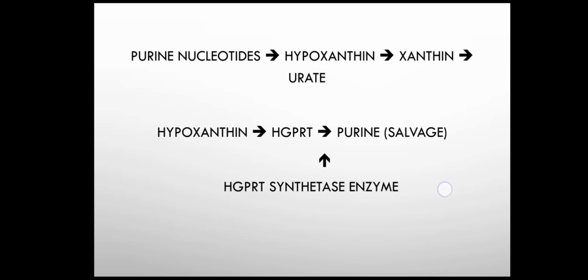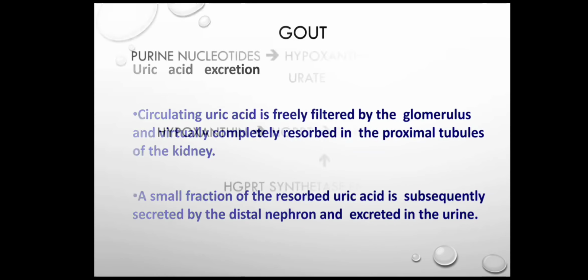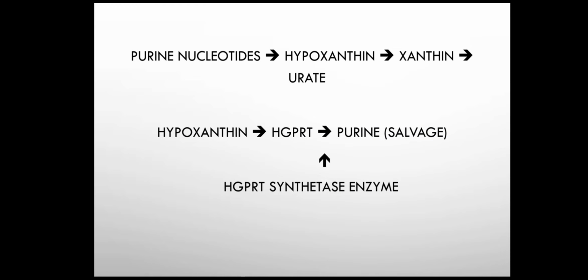Hypoxanthine guanine pyrophosphate. Okay, so this is an enzyme called HGPRT, which converts hypoxanthine into purine in the purine salvage pathway. That is, for the production of purine, we need this HGPRT enzyme. So what is the full form of HGPRT?